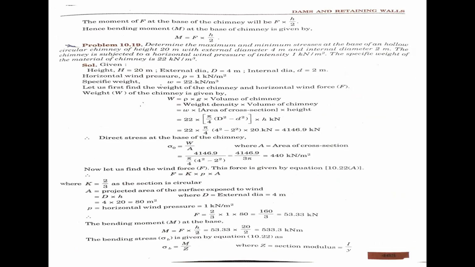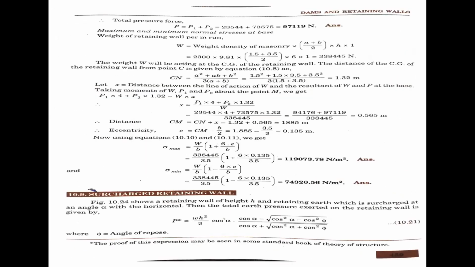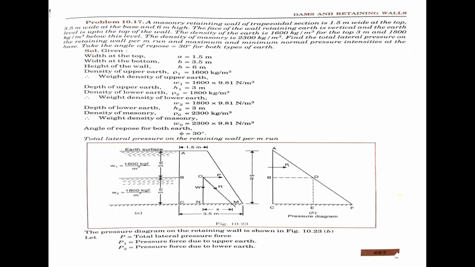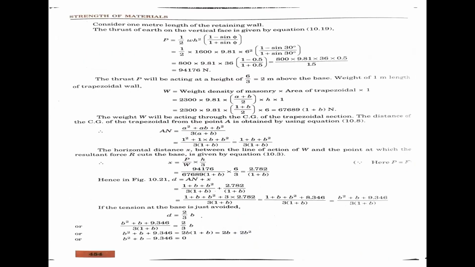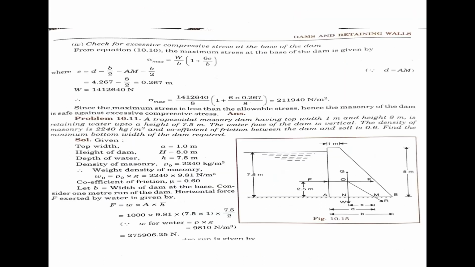The derivation part is completed and problems also have to be calculated for chimneys. This topic will be completed and unit 4 will be completed. Next class I will explain stability of dam, and stability of dams will be completed next class. Retaining walls continuation and chimneys also I will explain.